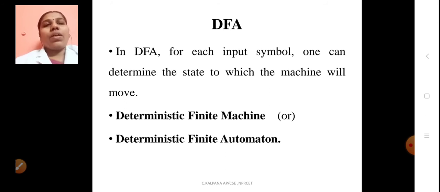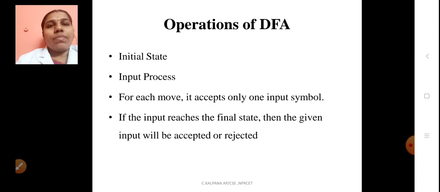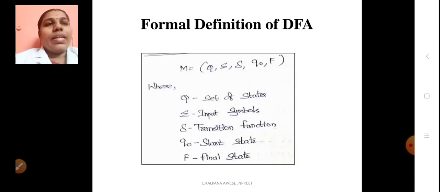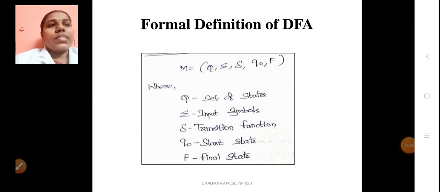It can also be called a deterministic finite machine or deterministic finite automata. And the formal definition of DFA is the same as finite automata. M is a DFA, Q is the set of states, sigma is the input symbol, delta is the transition function, q0 is the start state, and F is the final state.